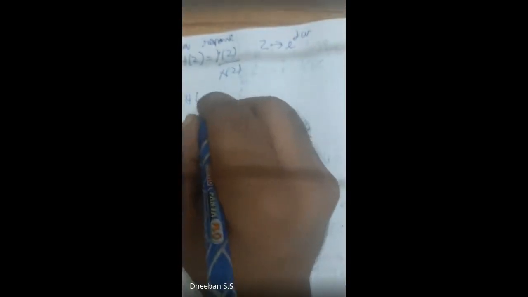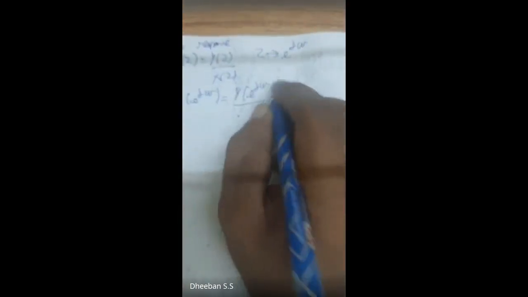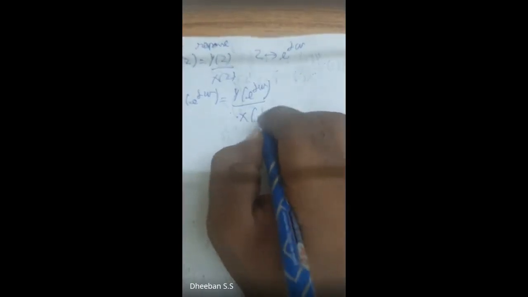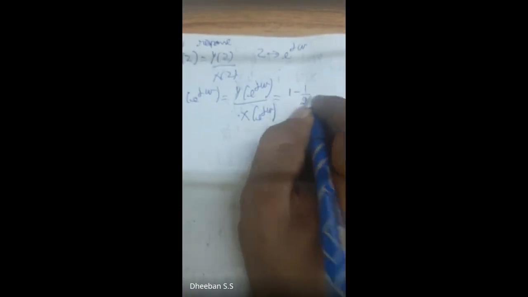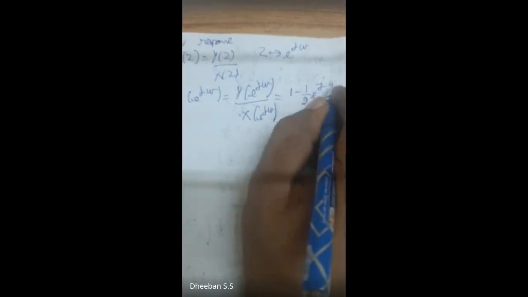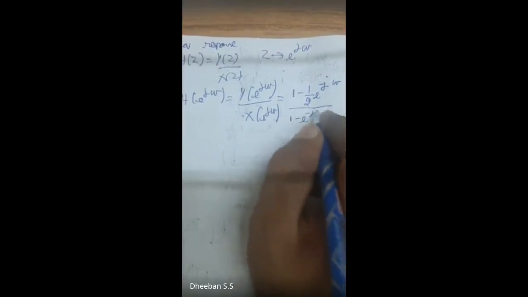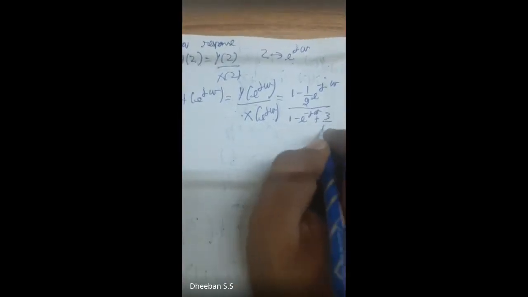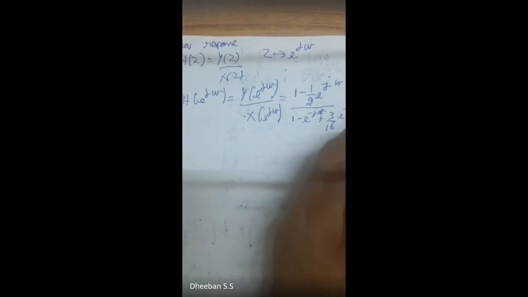We'll be getting H of e power j omega equal to Y of e power j omega by X of e power j omega, which is 1 minus 1 by 2 e power minus j omega by 1 minus e power minus j omega plus 3 by 16 e power minus 2j omega. So this is what your frequency response is.